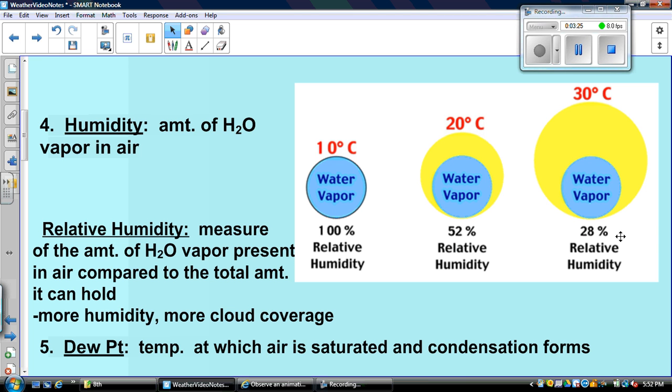So it's not very humid. This one can hold more than this volume, but it's holding 52% of the water vapor that it could hold. So it's more humid than the 28%. When you get 100% relative humidity, that means there is the most water vapor that area can hold, and that means it's going to be very cloudy.